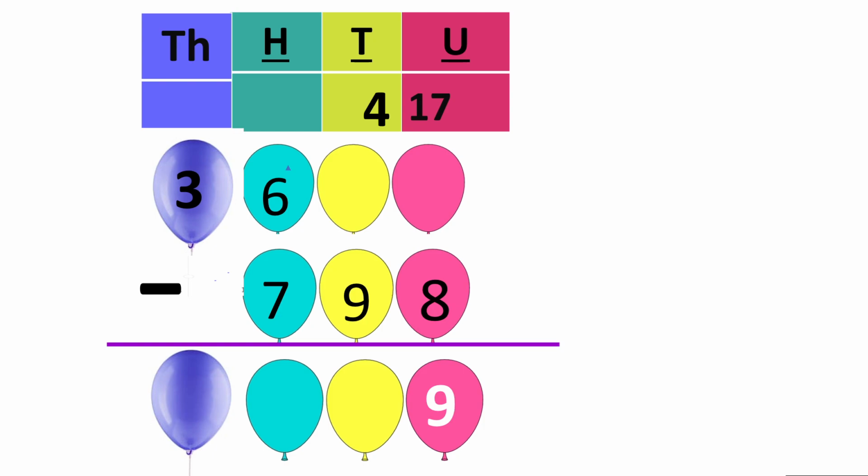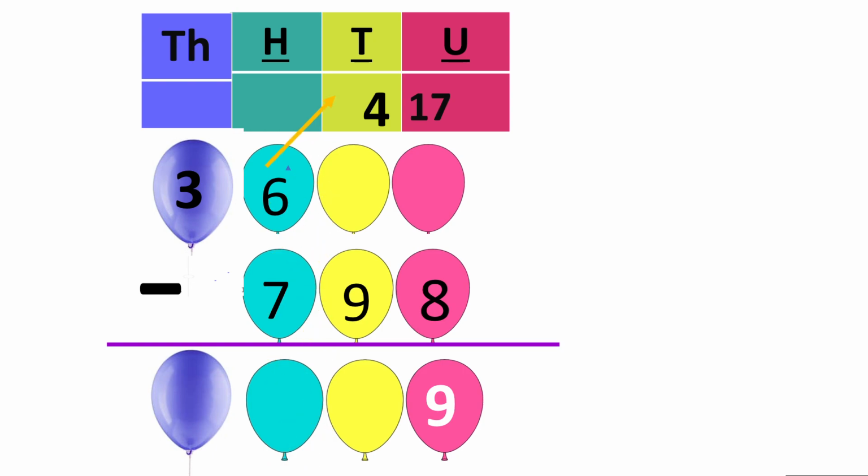Here you cannot subtract 9 tens from 4 tens. 4 goes to 100's house and knocks the door and asks politely, could you lend me 100, please? 600 gave 100 to tens.